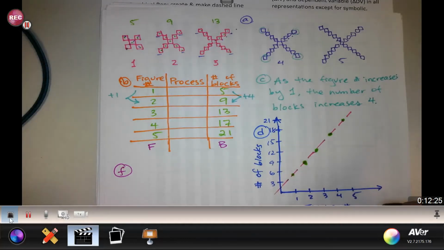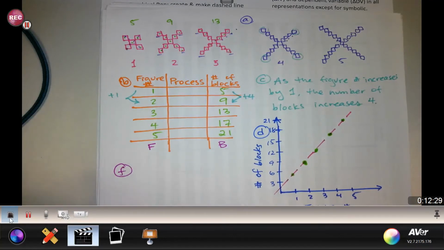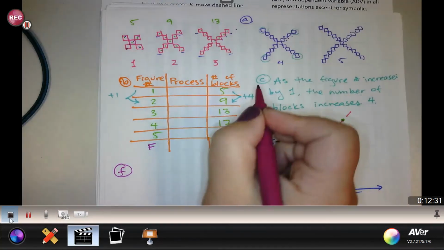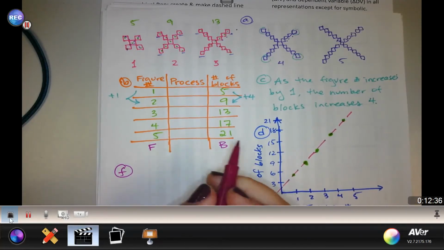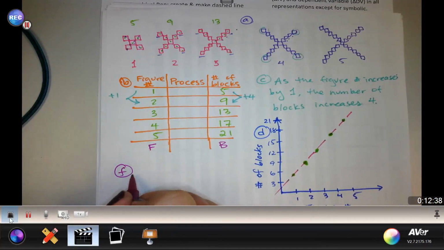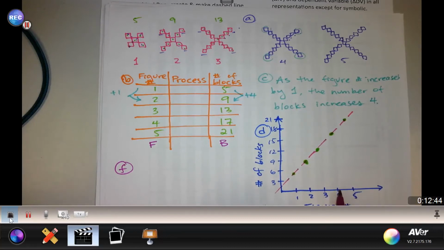Because your process or representation needs to work for every single one of these. It's supposed to be a general form. So there are 2 ways of doing F. One way is using the process, so I'm going to do this, and then another way is using a formula that will always work, and you're allowed to use it, so I'll show you both ways.